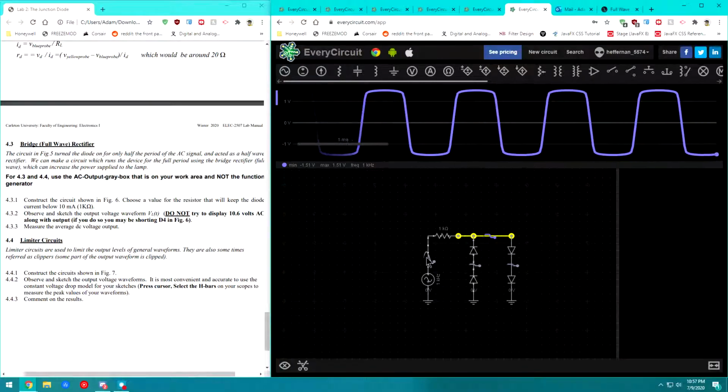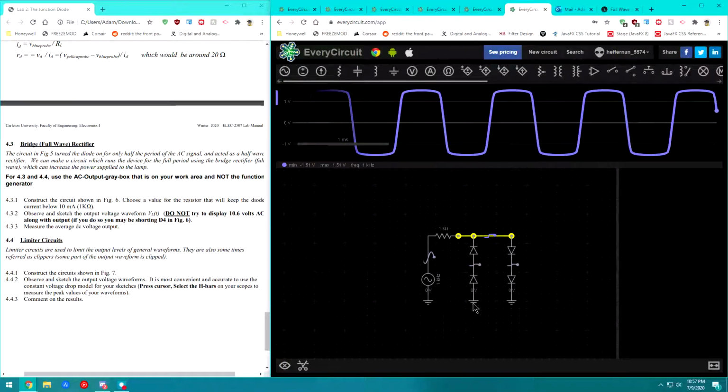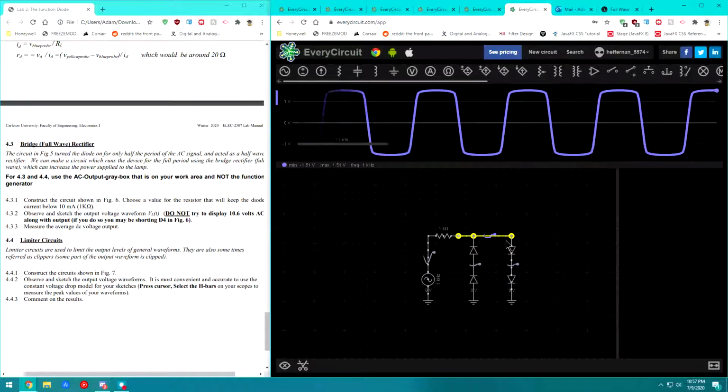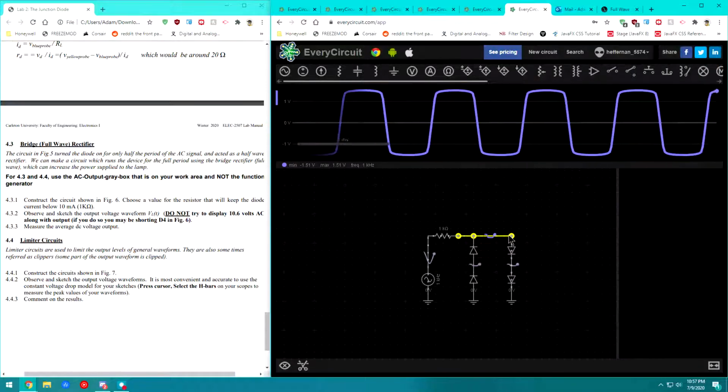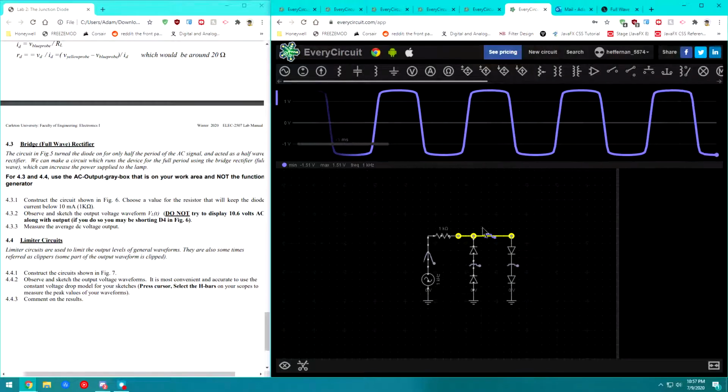So in the negative half cycle, we have negative 1.5 volts dropping across both of these diodes, and in the positive half cycle, we have positive 1.5 volts dropping across these two diodes.